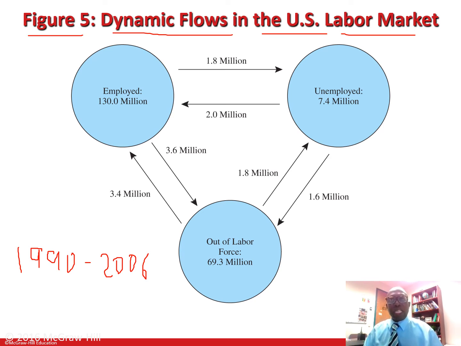So in this average month, there were 130 million people employed, 7.4 million unemployed, and 69.3 million out of the labor force.